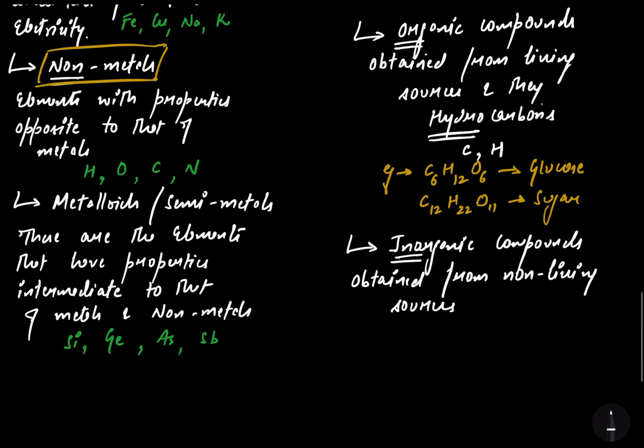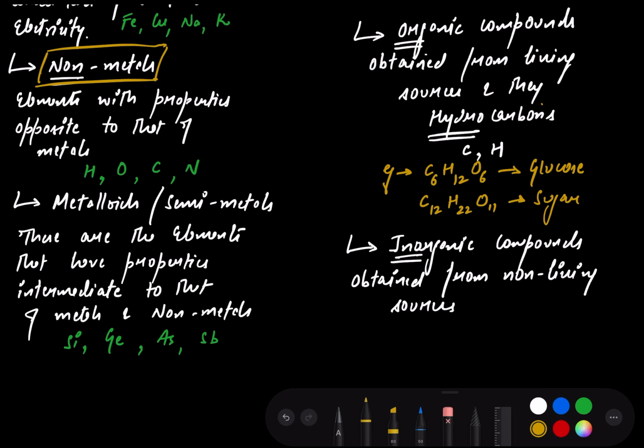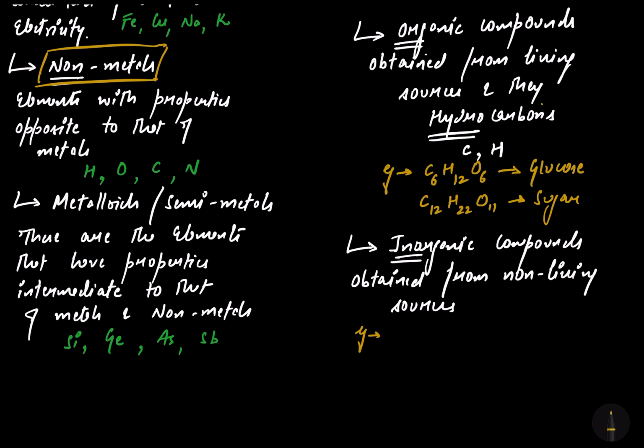Let me take an example. I'm giving you the example, that is the table salt, NaCl. The source of NaCl is seawater. The NaCl is called salt or sodium chloride.